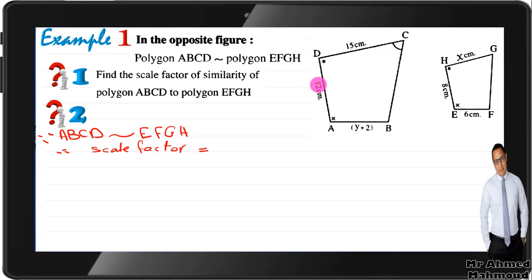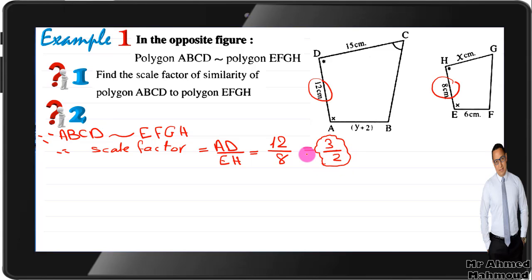Here we have DA equals 12 and HE equals 8. There are two corresponding sides whose lengths exist, so AD over EH is the scale factor, which equals 12 over 8, which equals 3 over 2.